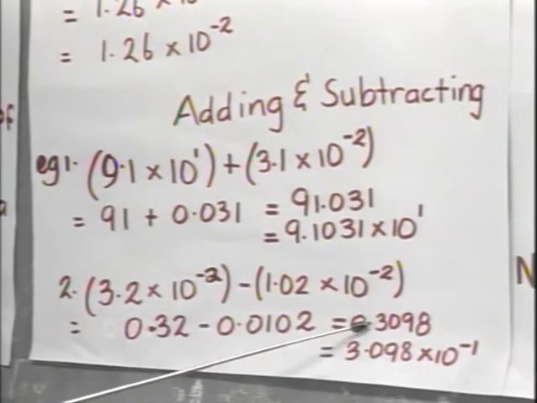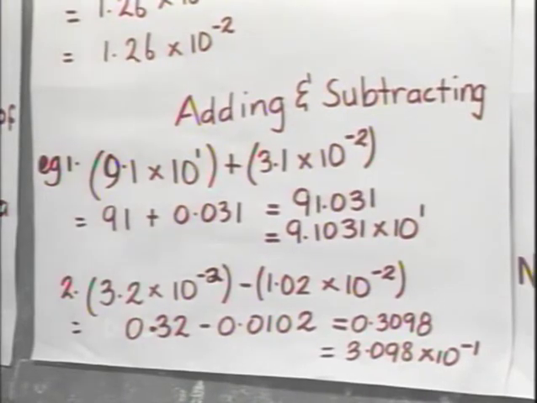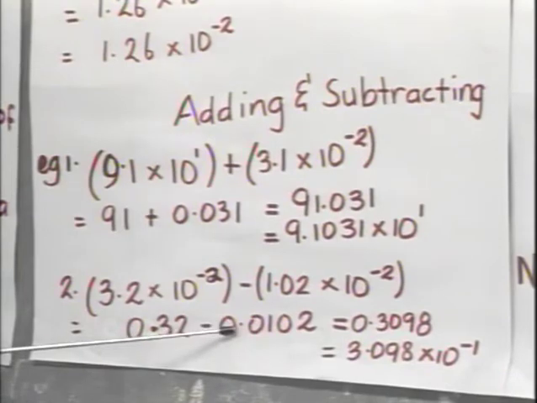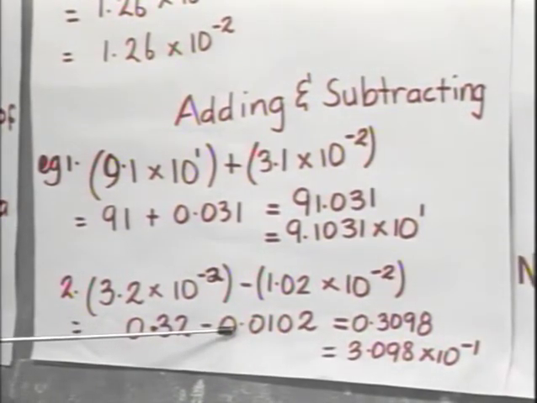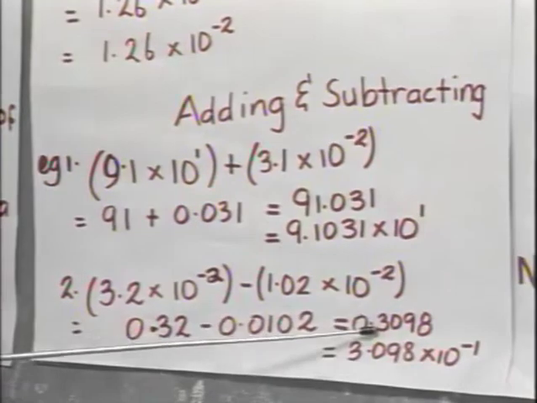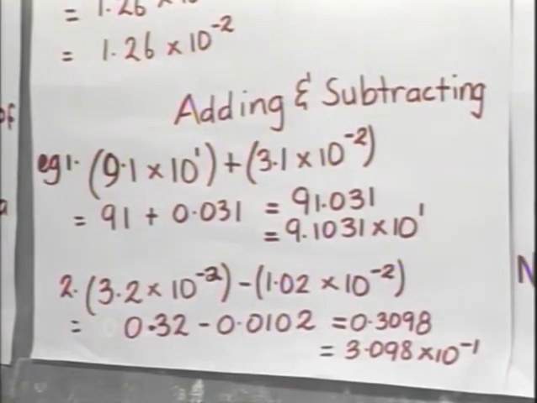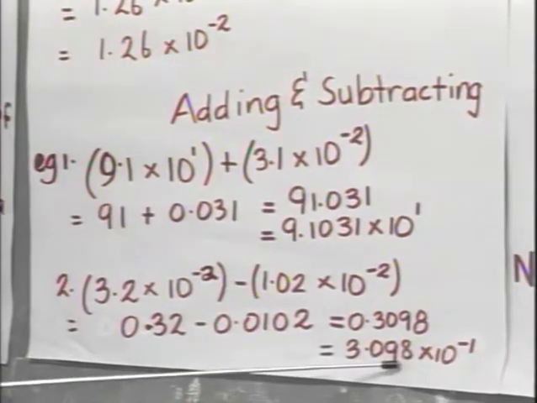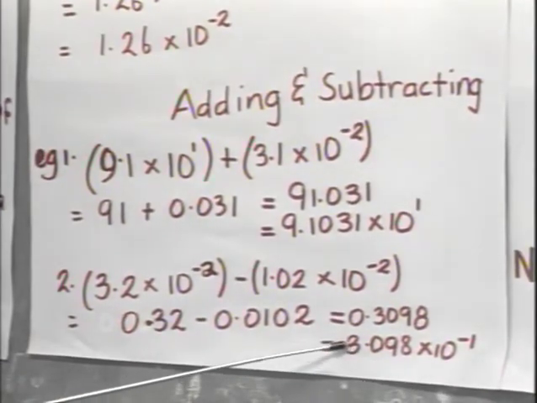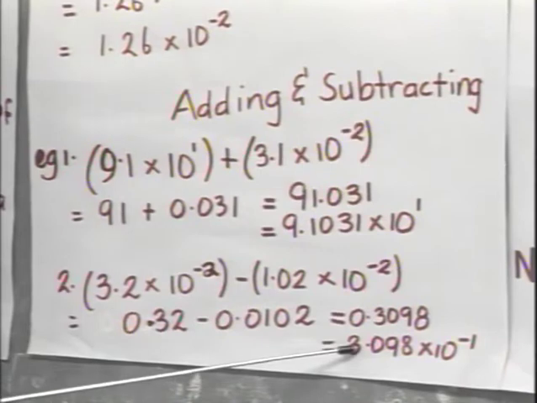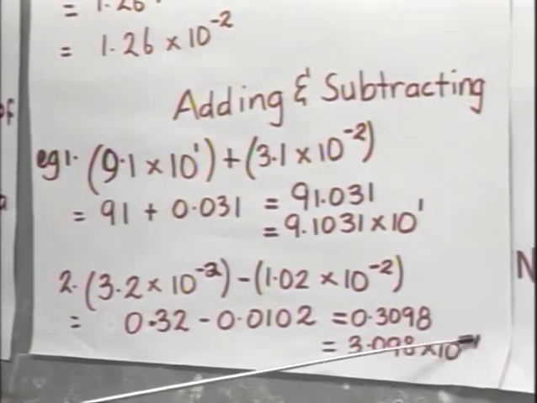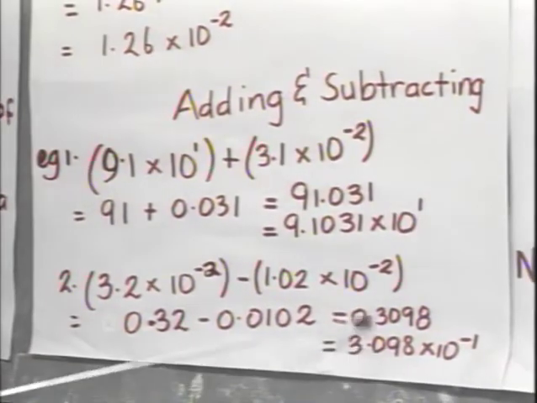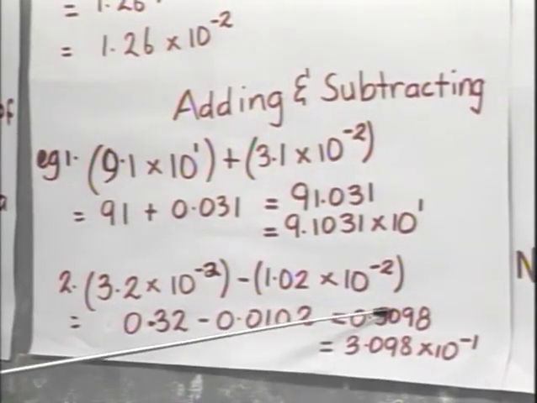Is it 0.3098? 0.32 minus 0.0102, is that equal to this? Yes. Okay. Then in scientific notation, it will be 1 digit before the decimal point. 3.098 times 10 to the power of negative 1, because I'll have to go from here back to give me this number.